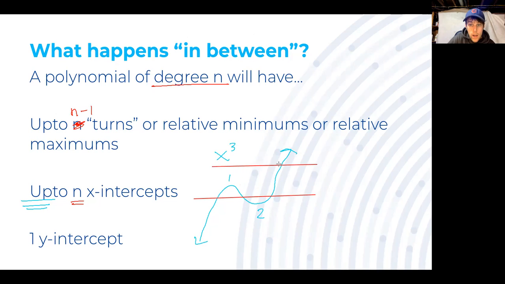Or it could cross once or even twice if it was something like right here where it just touched there and then crossed over here. So this is kind of all the arrangements. What you should notice here is that there is no way for a third degree to have 0 x-intercepts.